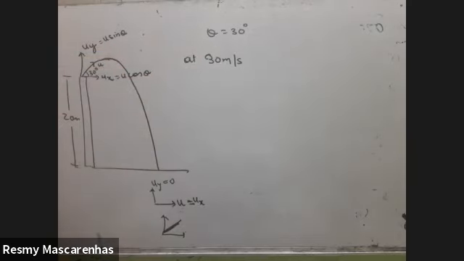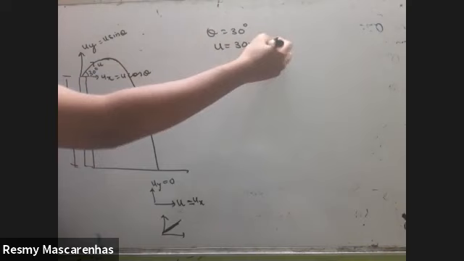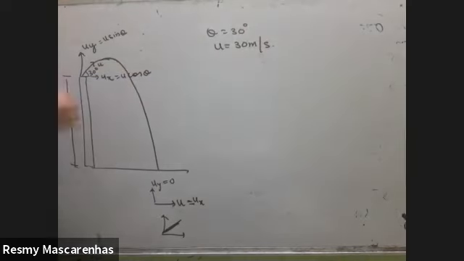Just add to the question. So initial velocity u is 30. So this is the data I know.